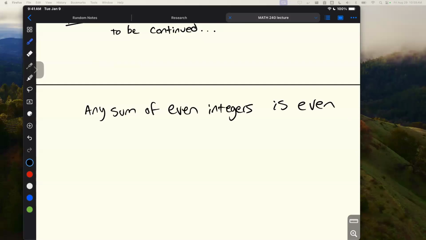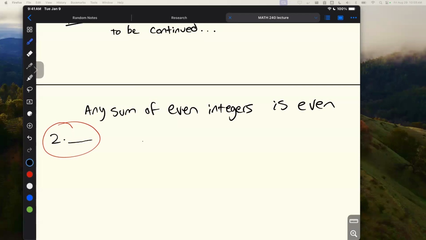When we say this, we know what the form of an even number looks like. It's 2 times something. So we're going to take any 2 even numbers, we don't know what they are, and add them together and look for something that's still in this format, 2 times something. That's what we're looking for.